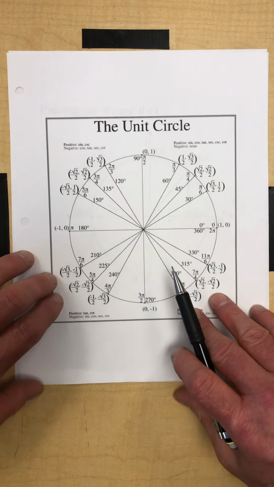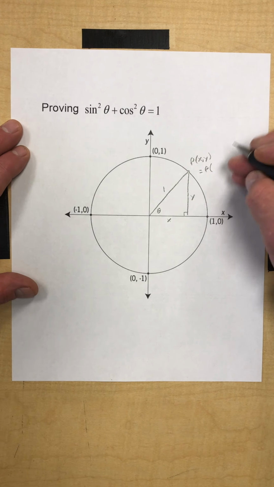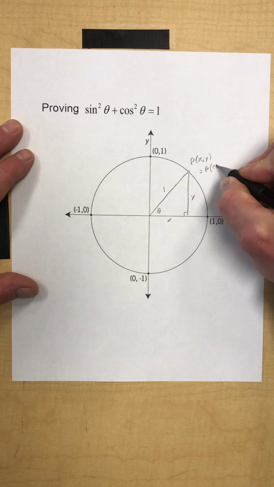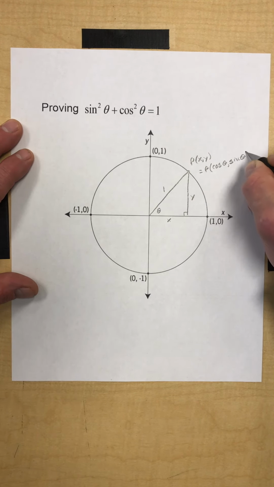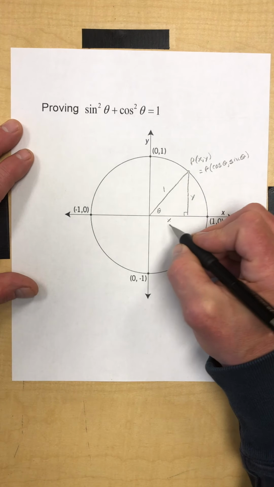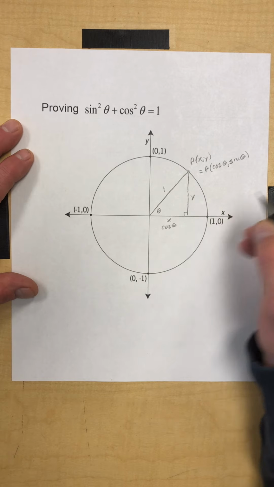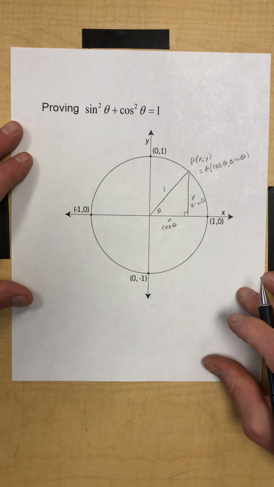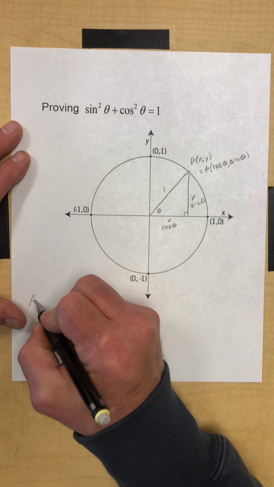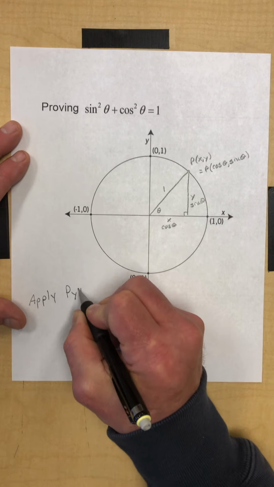So this point x, y would also be cosine theta, sine theta. My x coordinate would be cosine theta, and my y coordinate would be sine theta. All I have to do is apply the Pythagorean theorem.